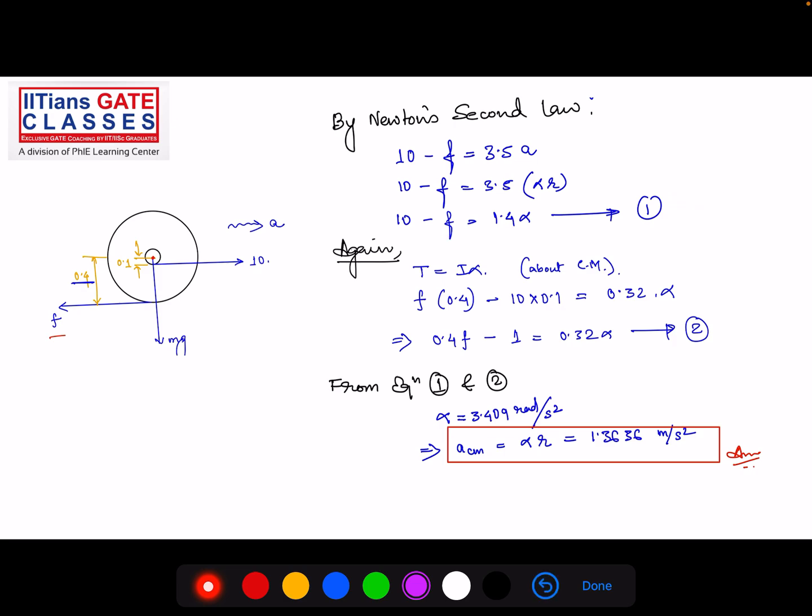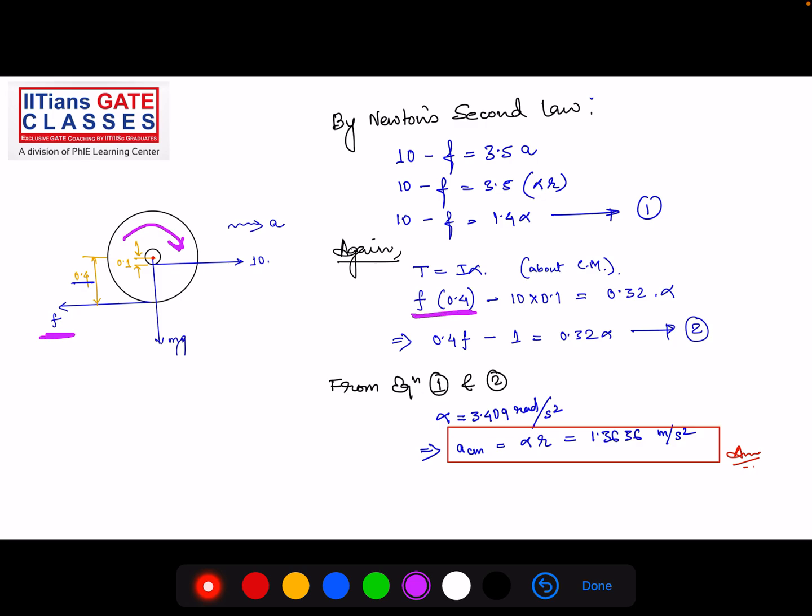Again we can write torque is equal to I alpha, right? We are calculating the torque about the center of mass, so we are going to use the moment of inertia also about center of mass. So what is the total torque here? The friction force is helping the rotation, as we have discussed, in clockwise direction. So the friction force is also providing a torque in the clockwise direction.